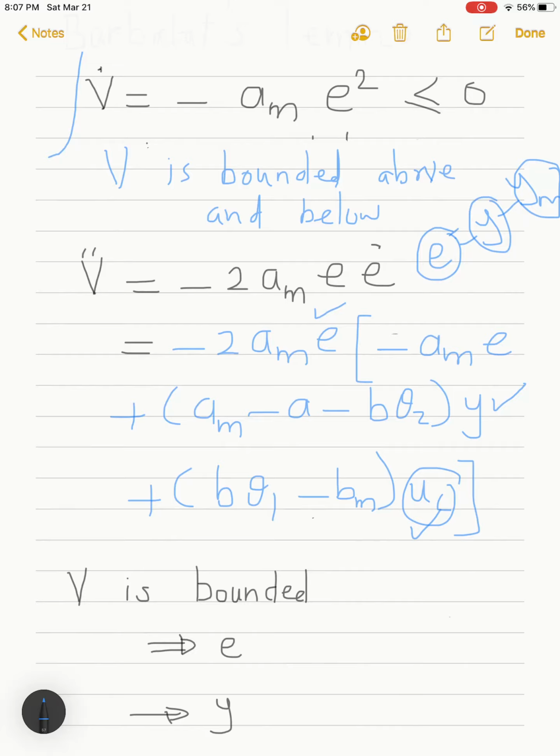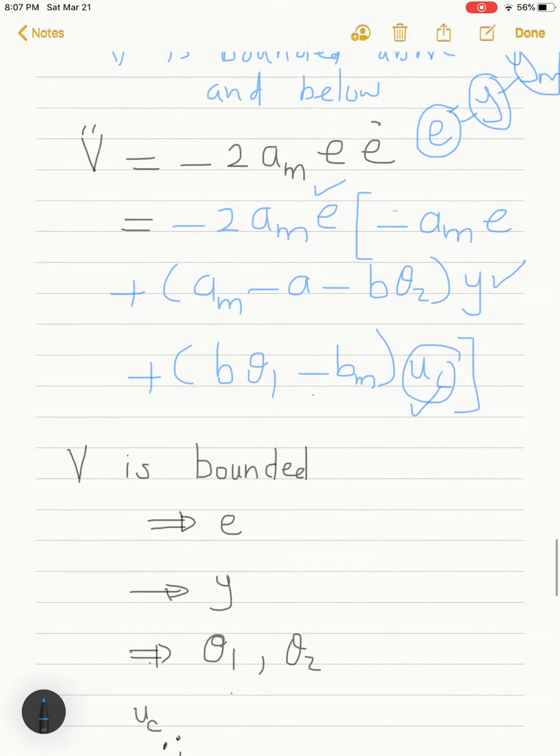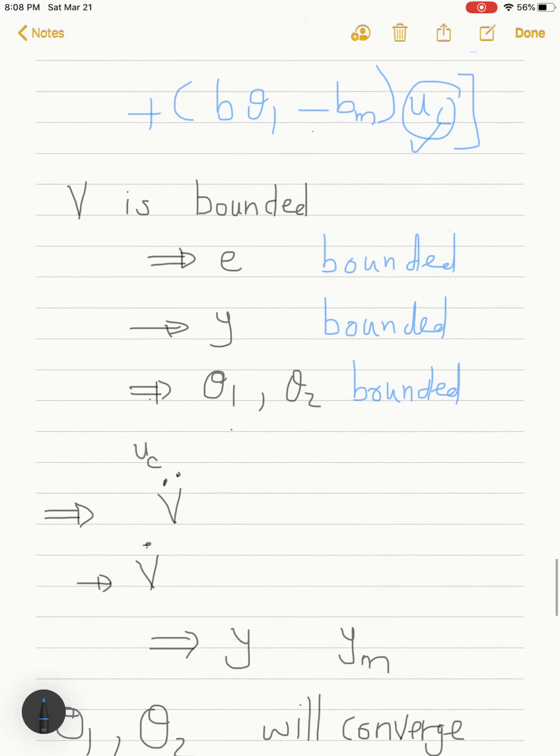Theta 1 and theta 2 are bounded because, since V, the candidate Lyapunov function, is bounded, then theta 1 and theta 2 have to be bounded as well. So e, y, theta 1, theta 2, and uc are all bounded. That implies that V double dot will also be bounded.